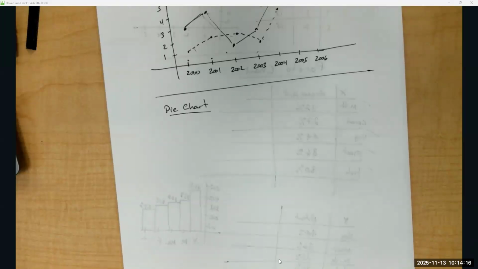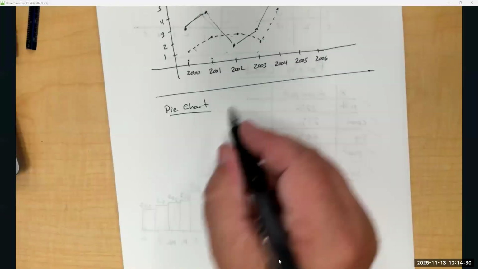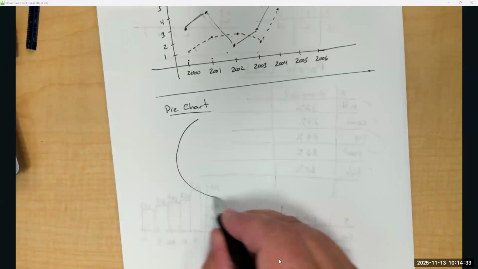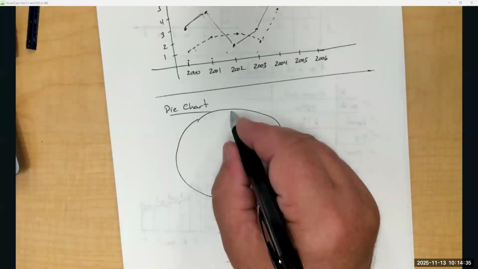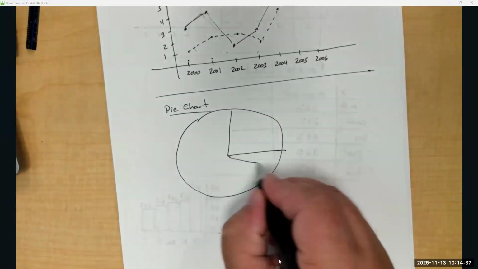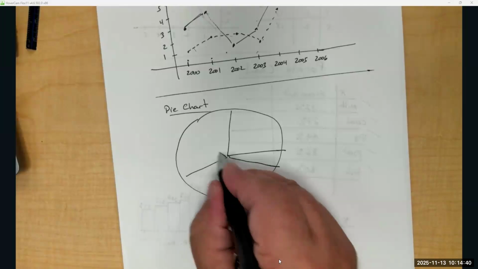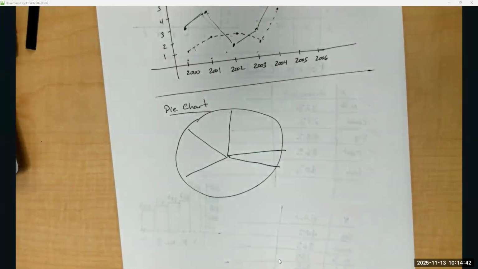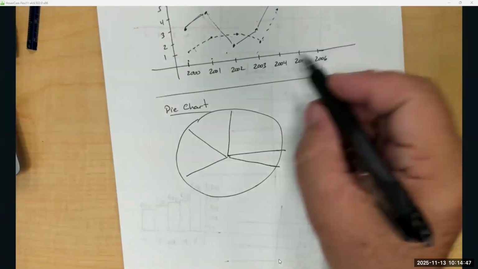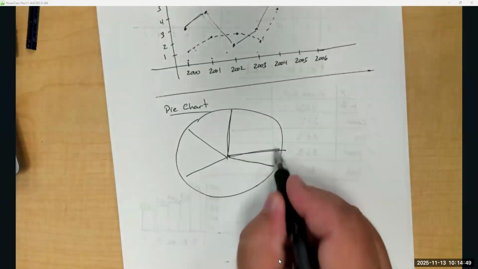What is a pie chart? Okay, so what do each of these pieces represent? You see why it's called a pie chart? The circle represents a pie. How big a piece of the pie did you take?